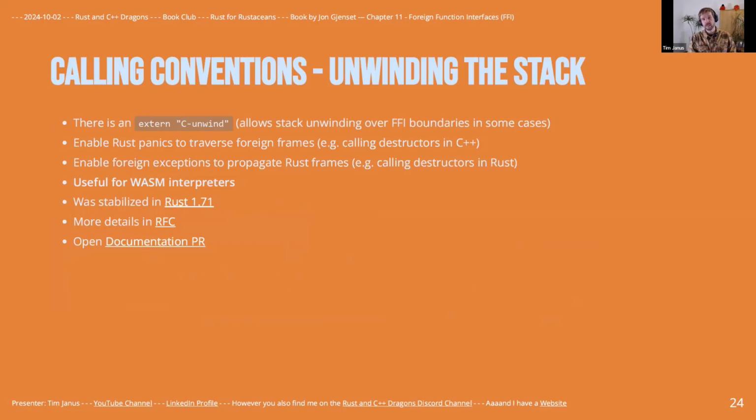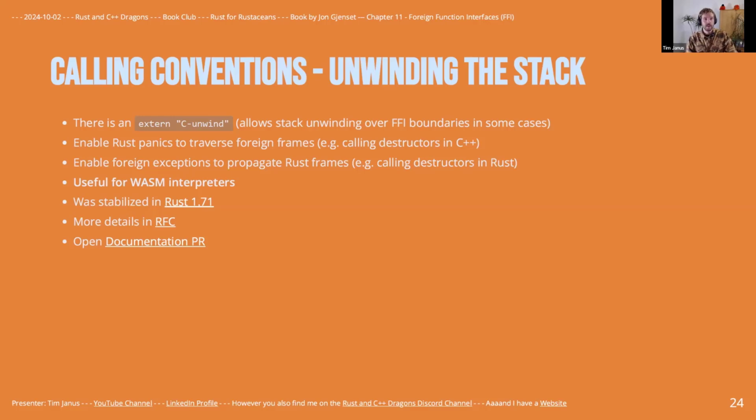What happens in C++, for example, if you throw an exception, and also in Rust when you panic, is that the functions unwind back, and all the drop traits, like the cleanup of the structures in C++, are called in this process. And over the FFI boundaries, that is or was a lot of undefined behavior.